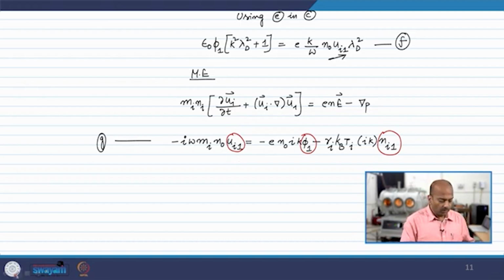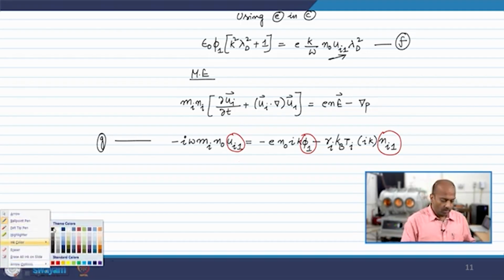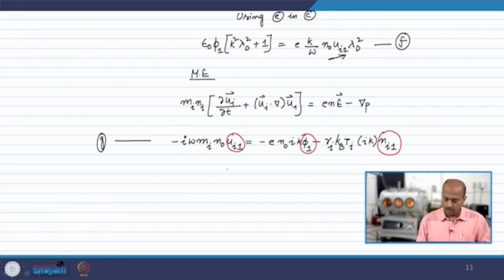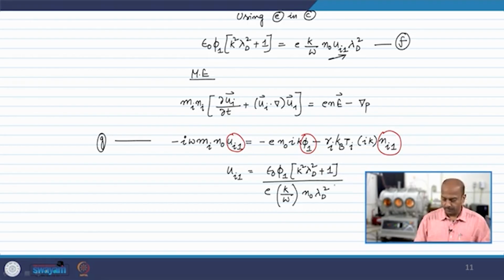Now using something that we have just derived, we can write ui1 equals epsilon naught phi 1 times k square lambda d square plus 1 divided by e times k by omega n naught lambda d square.